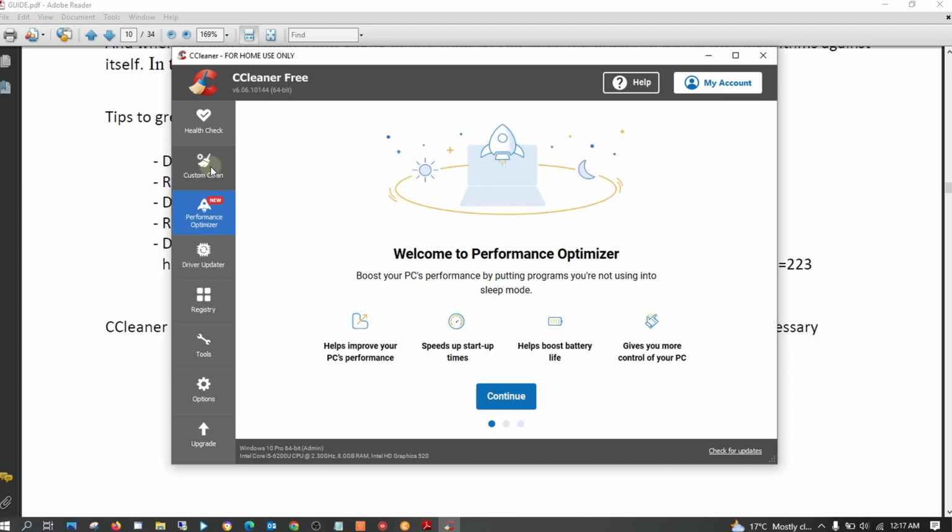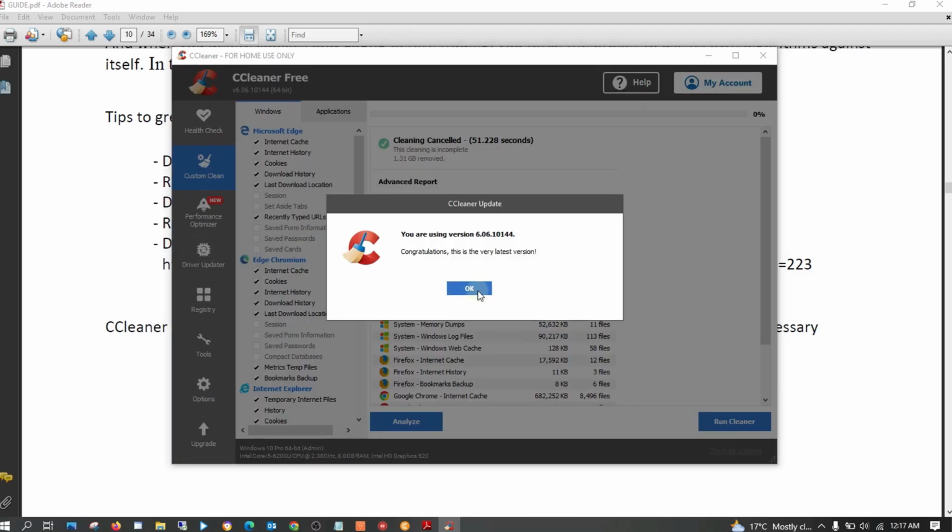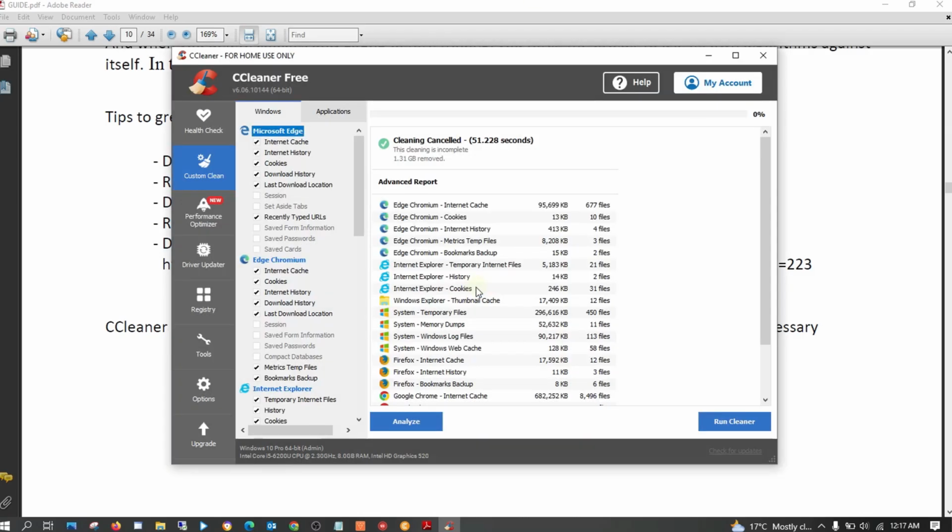But what I want to show you here is custom clean. This is the best icon, what we actually need. Now this is a free account, but if you need a paid account you can just buy it. Okay, and each and every day check for updates. You just click here and you check for updates. You see we have a little version.